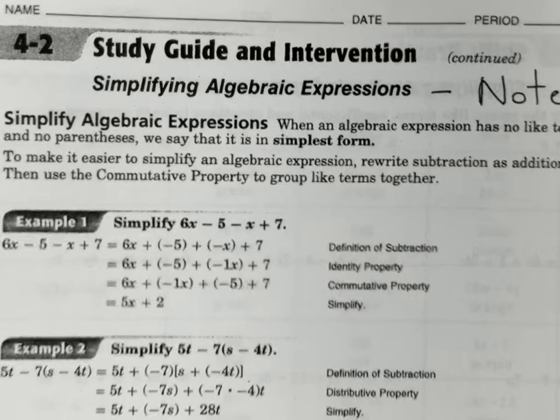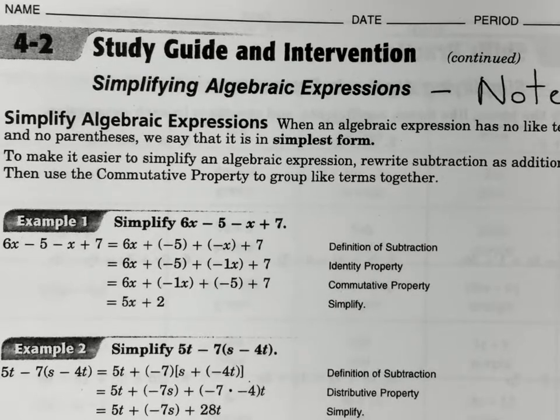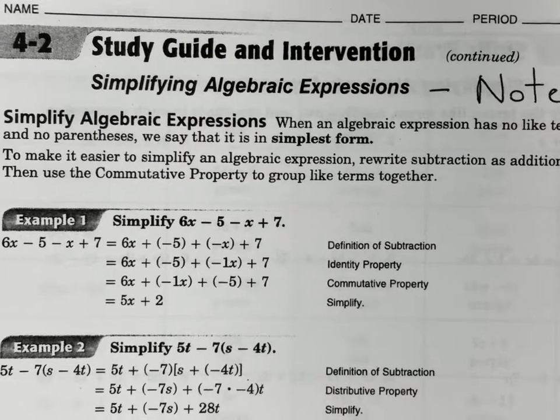To simplify these algebraic expressions, just like we just did, we need to write them as an addition problem. So if any of them have subtraction signs, we need to rewrite them as an addition problem as our very first step. And then we're going to use that commutative property to regroup them so that we can simplify.